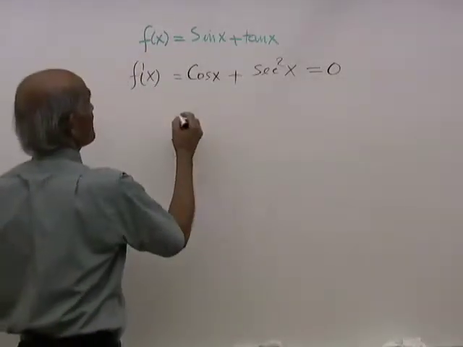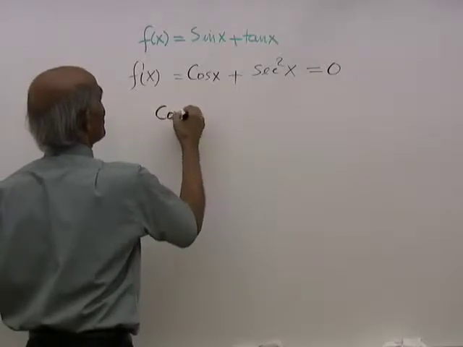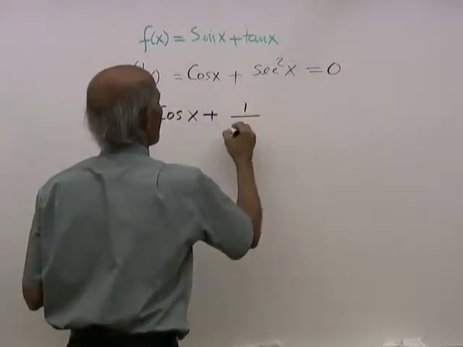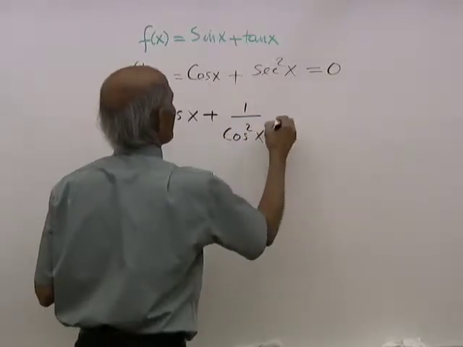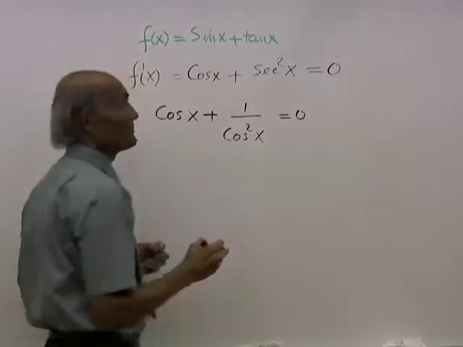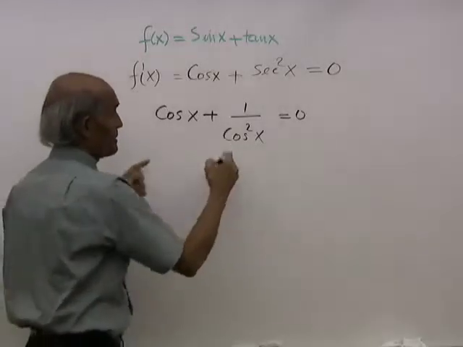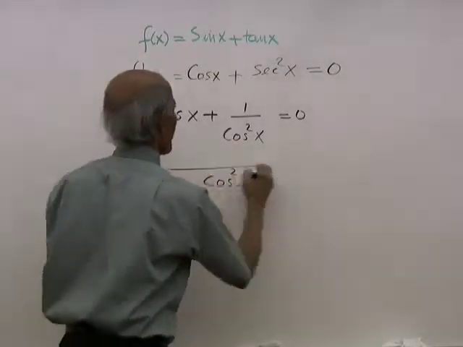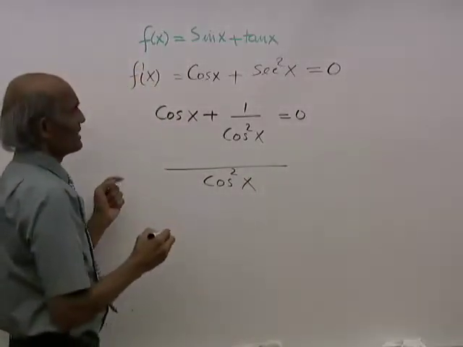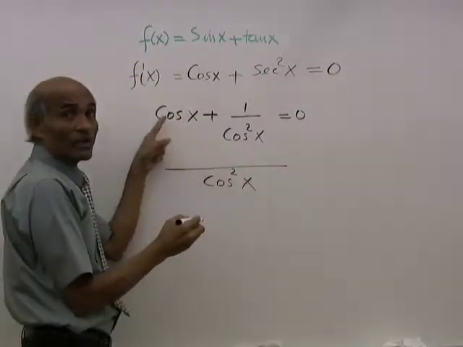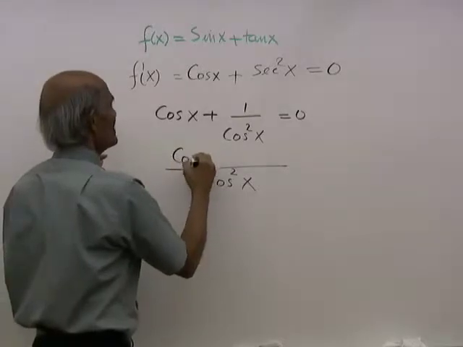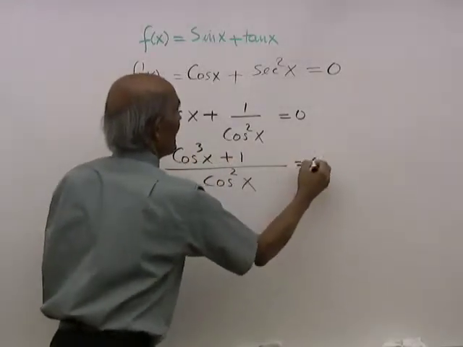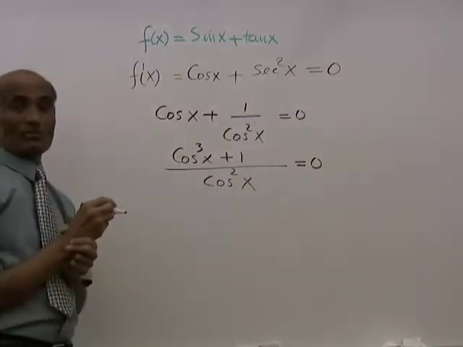So let's do that. That means cos x plus 1 over cos squared x equal to 0. To solve it, we will now take cos squared x as the common denominator. It will now become cos squared x times cos x, which is cos cube x, plus 1, and set that equal to 0.